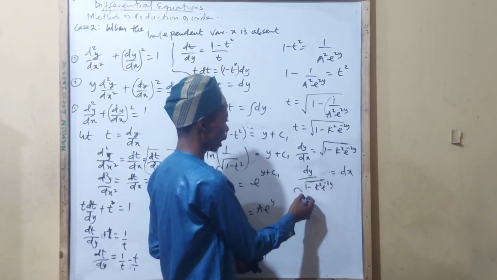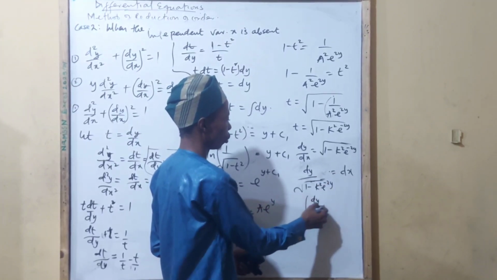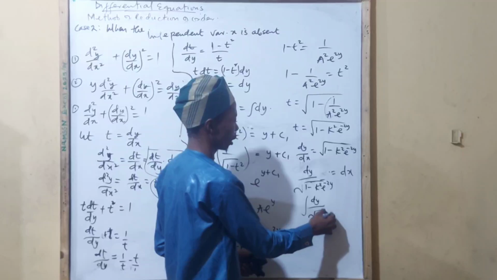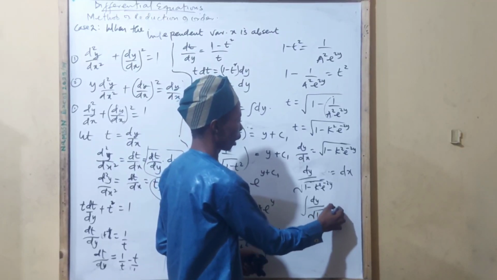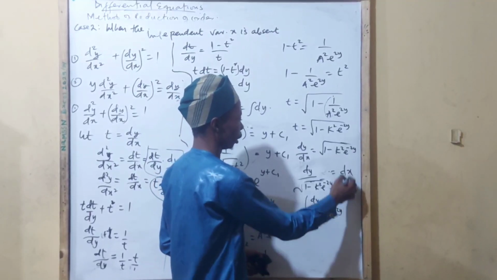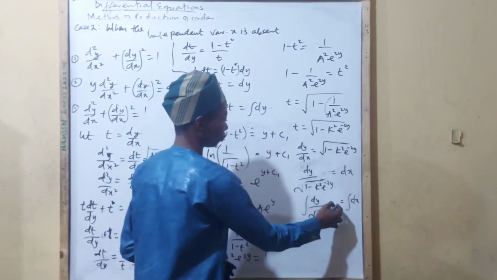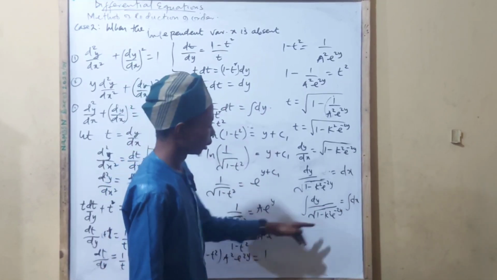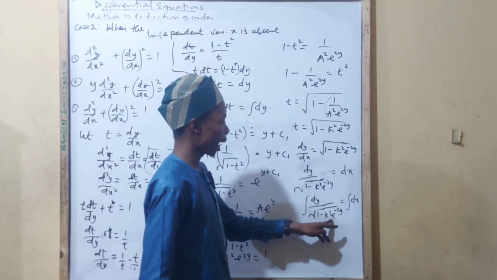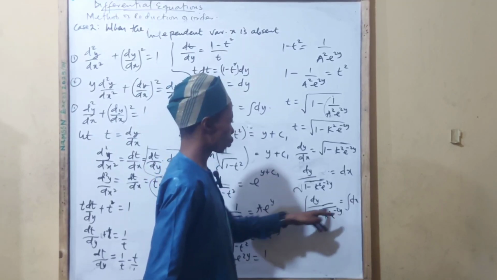So if I integrate both sides, this will be integral of dy over square root of 1 minus k squared e minus 2y equals integral of dx, right? So how do I integrate k squared e minus 2y with square root?